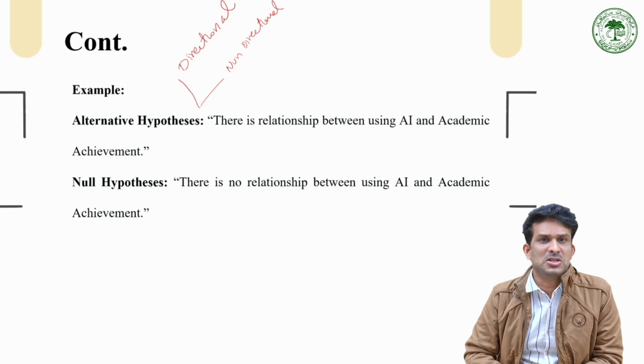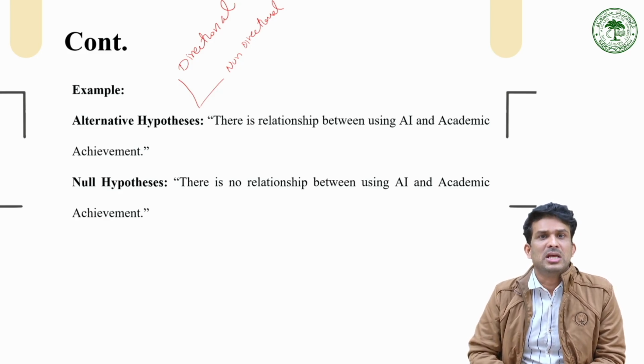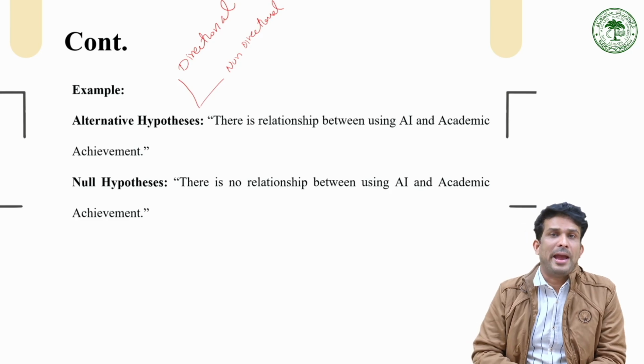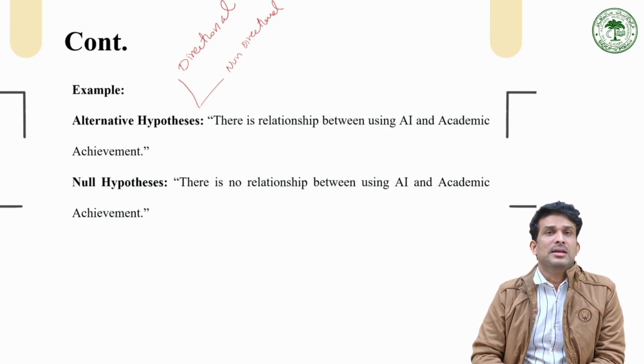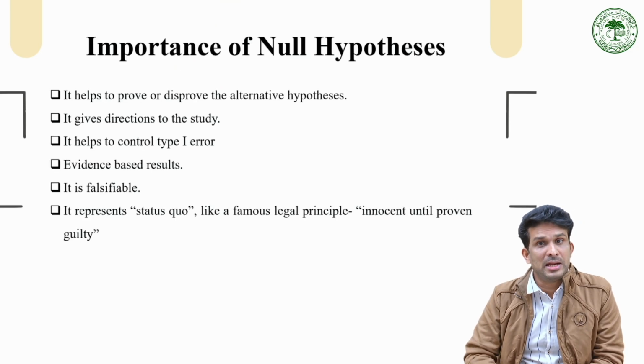So hypothesis can be directional and non-directional. These are alternate hypotheses and their negation. There is no relationship between use of AI and academic achievement. There is no difference between boys and girls in their AI use. All these are negations, that is null hypothesis. You got clarity regarding that.